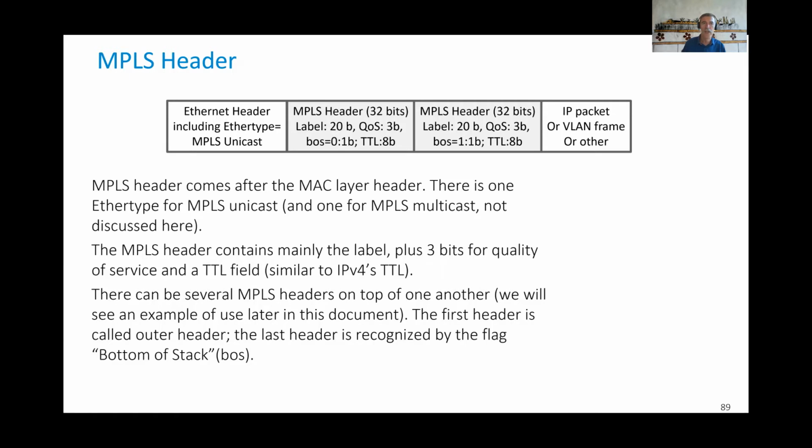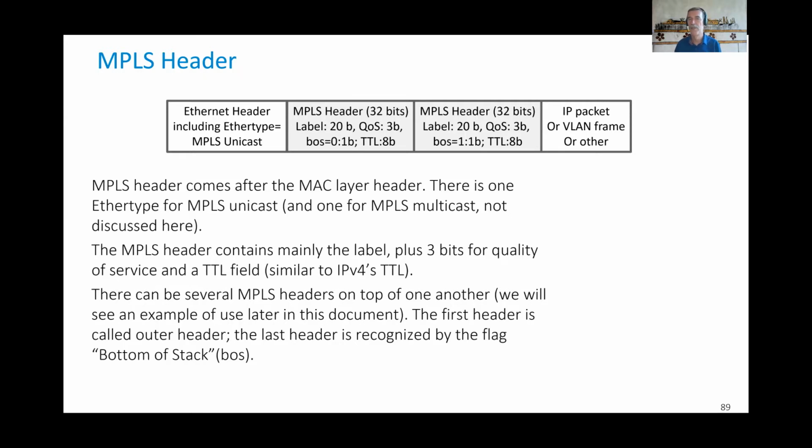So when the Ethernet header says this is MPLS, then the next header is the MPLS header, which is the label. It is essentially the label that I've illustrated before. Labels can be stacked. There can be multiple labels. We will explain why in a second. Therefore, you need to say whether this is the last label or not by having a bit that indicates whether the next header is a label or something else.